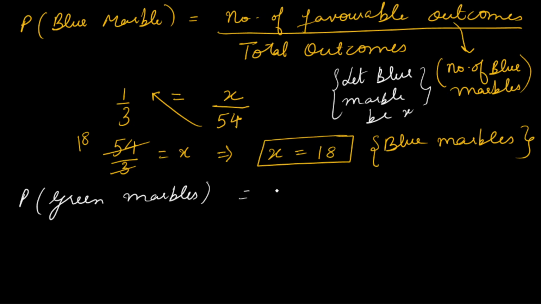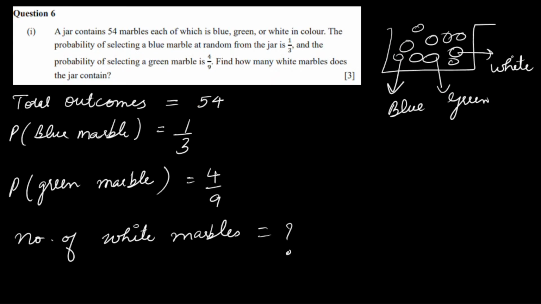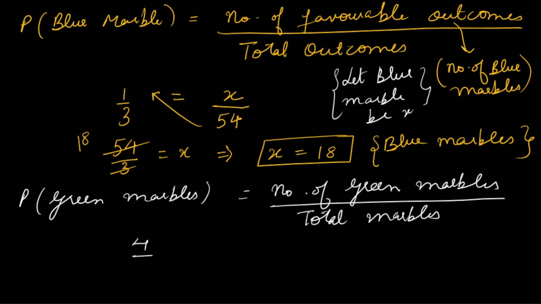Its probability is the number of green marbles by total marbles. It's given to us as 4 by 9. So 4 by 9 is equal to, let us assume the number as y, y by 54.